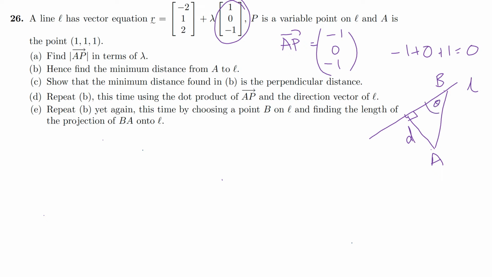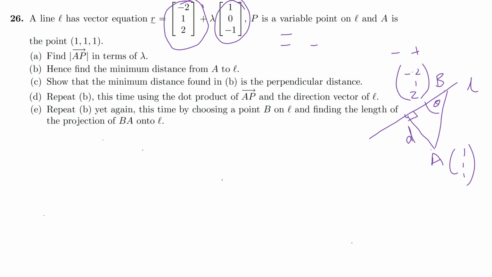So let's pick any point on that line. Let's just pick this one, because that's when lambda is 0. So let's say B is (-2, 1, 2), and we know A is (1, 1, 1), and we can then find AB.